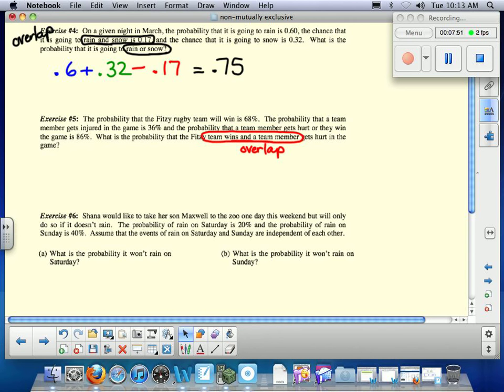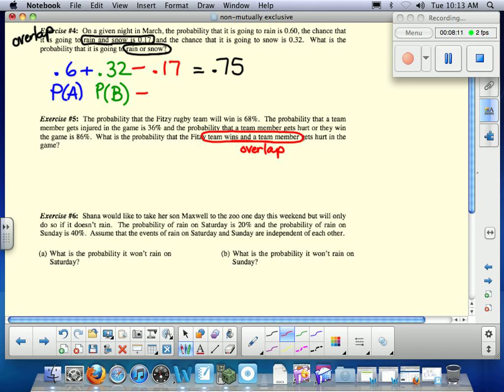So let's go back up and talk about our equation. I've been trying to do them in different colors. So this is the probability of the first event. This is the probability of the second event.